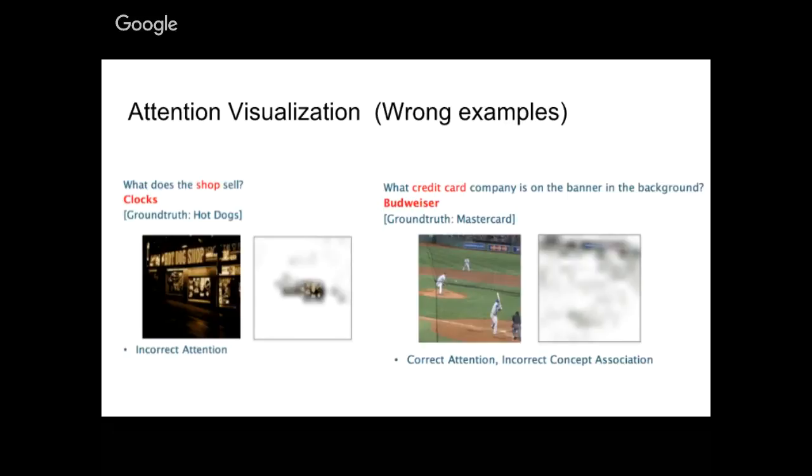The result is wrong, but it looks like it has some sense. And here it asks which credit card company is in the banners, and it focuses on the wrong banner. Instead of focusing on the MasterCard one, it focuses on the one at the left.